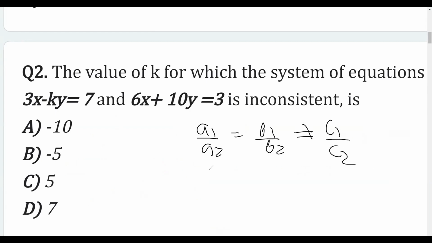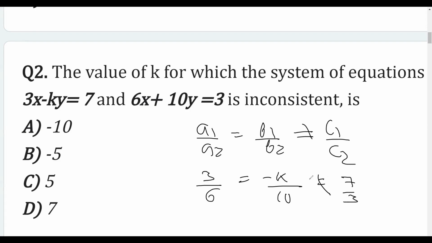That is the coefficient of x, so this is 3, and a1 upon a2 is 3 over 6. b1 is -k, which must be taken along with the sign, over b2 here, and c1 is 7. Keep in mind that both constant terms should be on the same side, so it is 7 over 3.